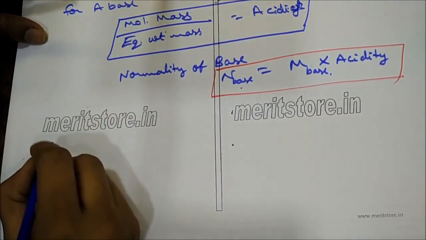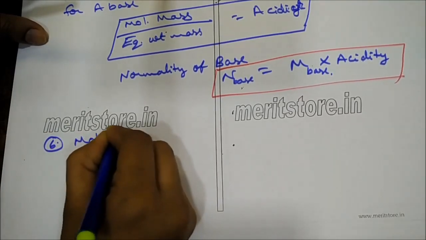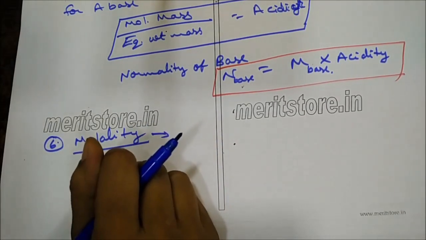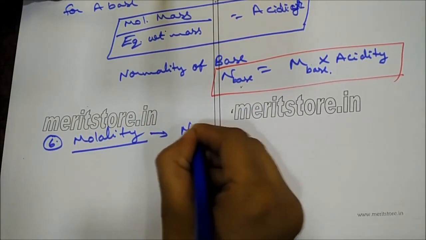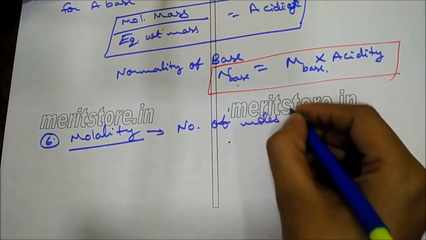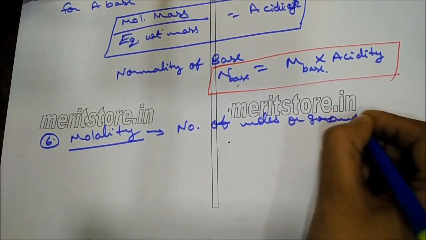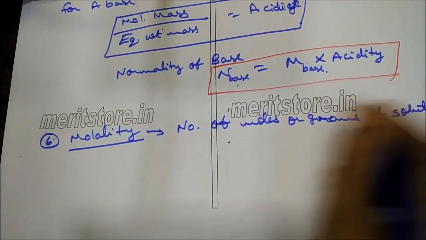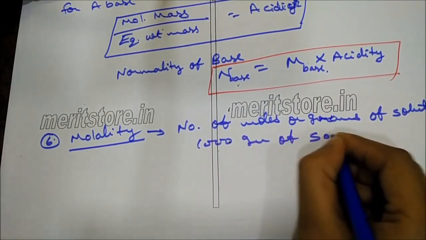Now the next term we'll study is molality. This is another way of expressing the concentration of a solution. Molality is the number of moles or grams of solute present in 1000 grams of solvent.